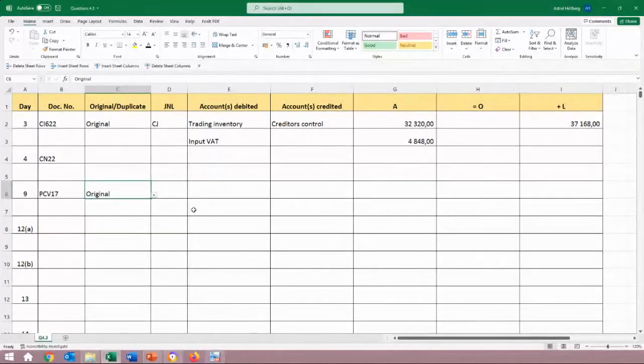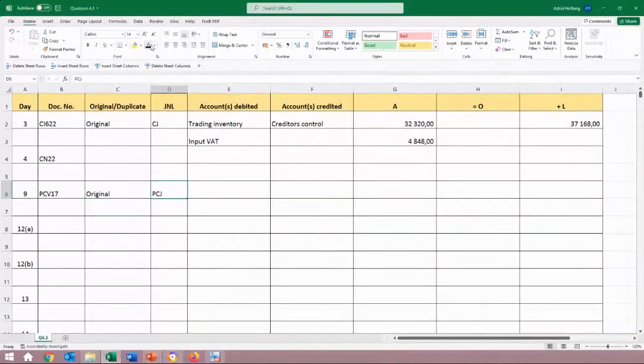Okay, what is the journal number that we are going to capture this information in? What's the abbreviation for our petty cash journal? Okay, that's correct.